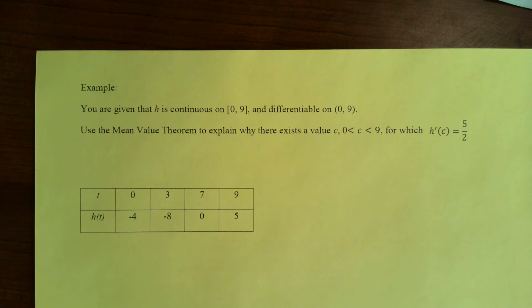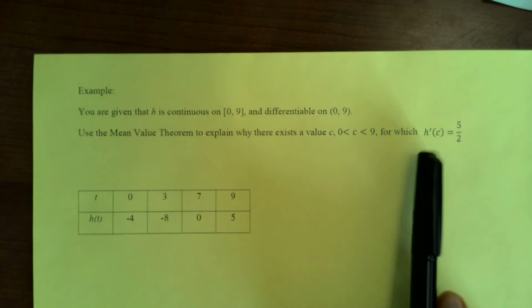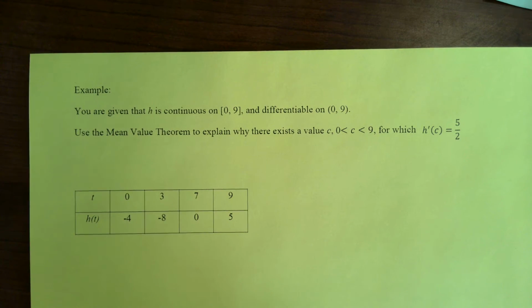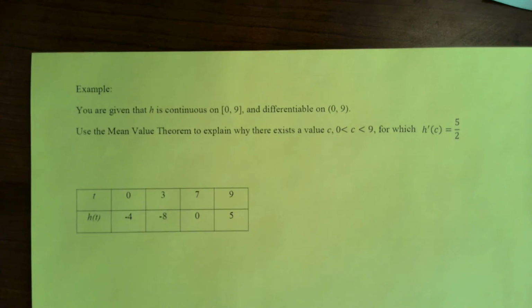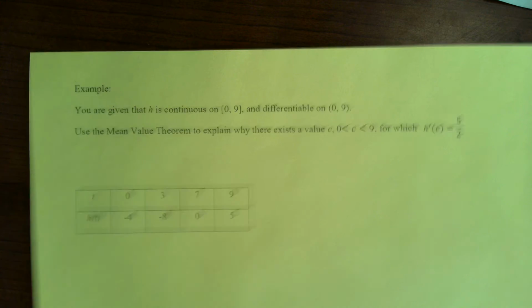Now, guys, in the future, they're not going to say to you necessarily which theorem to use. So the clue that you would need to use the mean value theorem is that you're proving that the derivative equals a certain value. All right, if you were trying to show that just the function, not the derivative, equals a certain value, that would be the intermediate value theorem.